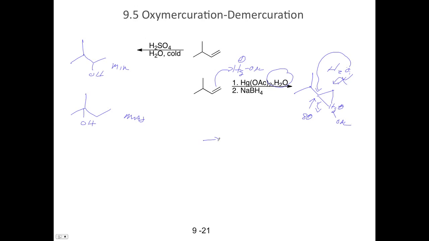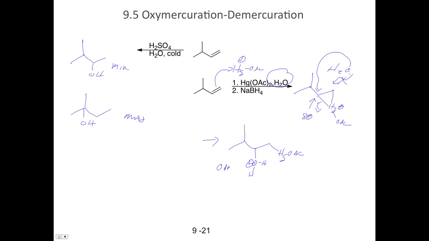And then what you end up with is OH there, HgOAc. All right, then from there you can always just have another water, or you know what, even acetate coming, because you have an acetate floating around.